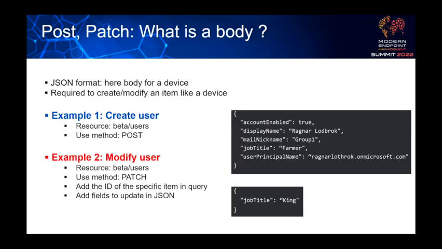Now, if you want to modify a user, we use the PATCH method, and you will need a body too, but just the fields to update. There, I want to update the job title from farmer to king, so I just set the job title in my body.